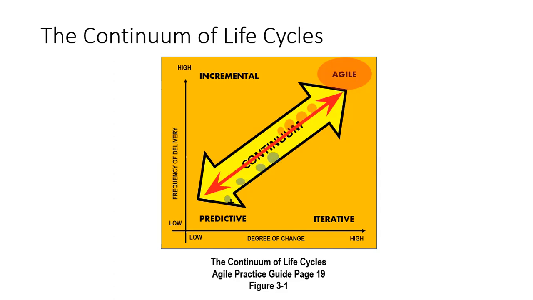All one is saying is know where you should be on the continuum. Analyze your project, assess it, and understand. This is one of the things that's talked about in the tasks in the content outline. You've got to assess: should I be more predictive or less predictive?